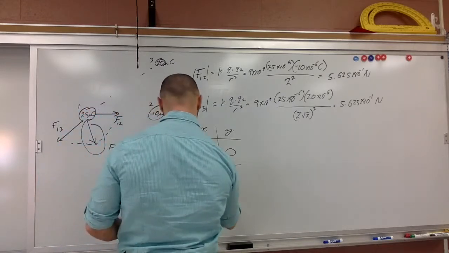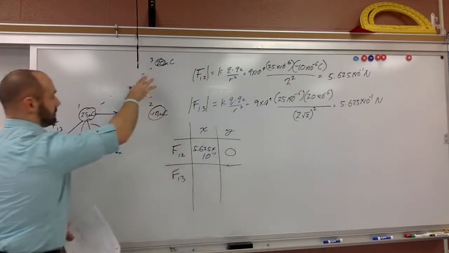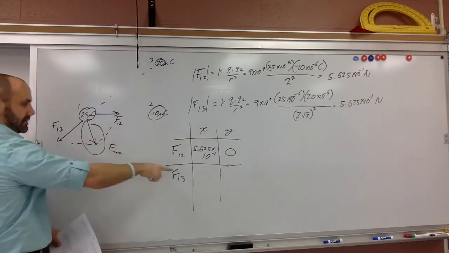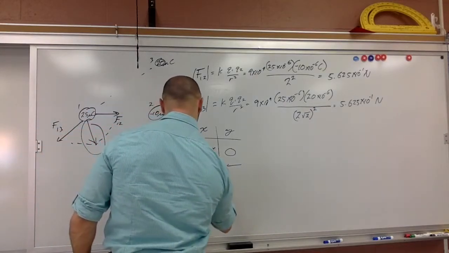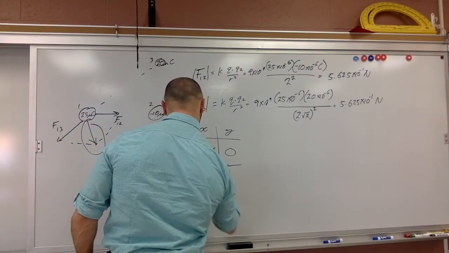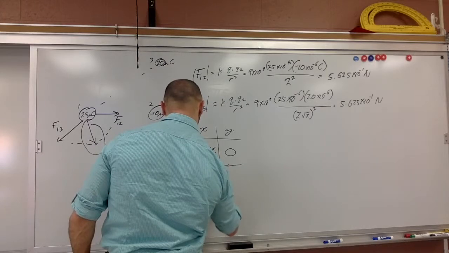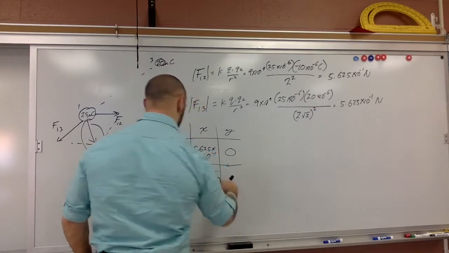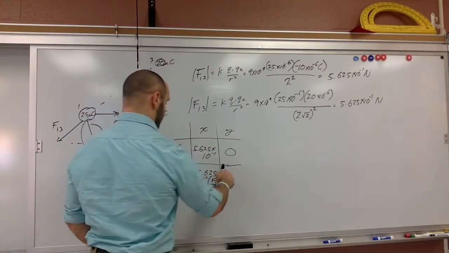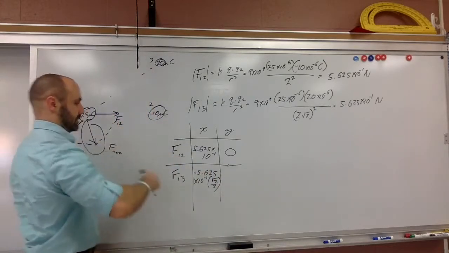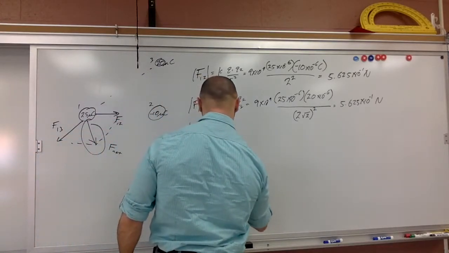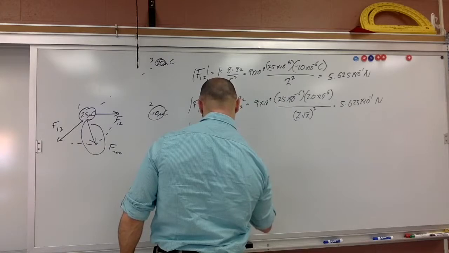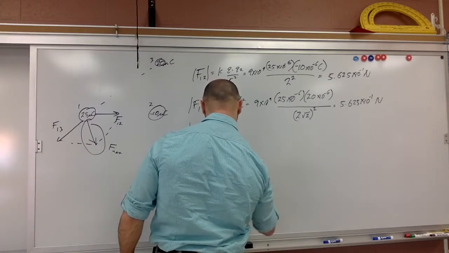And in the x direction, it's pushing away, so this is negative: negative 5.625 times 10 to the negative 1 times root 2 over 2. And this will also be negative because it's pushing downward: negative 5.625 times 10 to the negative 1 times root 2 over 2.